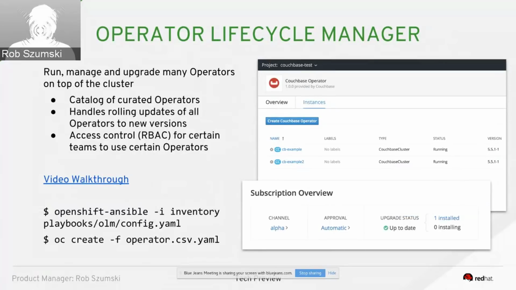And then they can do self-service of that MongoDB operator and all the instances that it's running. And you can use the OpenShift Ansible installer to get you easily up and running on this. And as you can see, our new admin console has a number of screens for manipulating these operators, as well as a catalog of some curated operators that we've been working on with some of our partners, which is a really easy way to get started. Next.